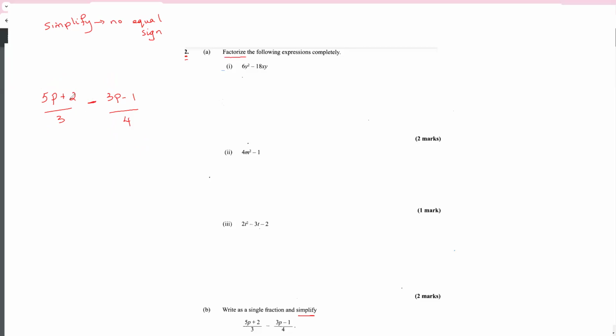Now, in this case, it looks like we are subtracting two fractions. When you're adding or subtracting, we can only add or subtract if my denominators are the same. So let's go back to a regular fraction.